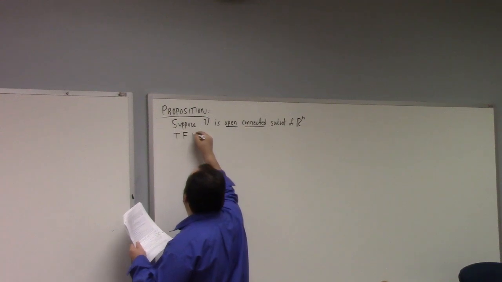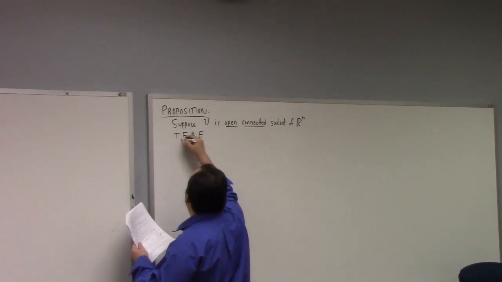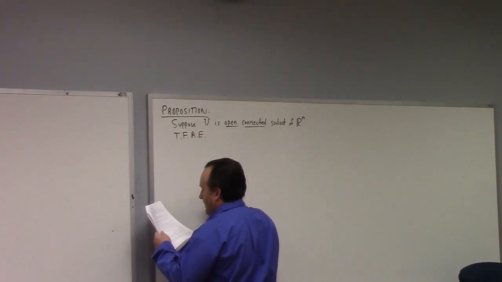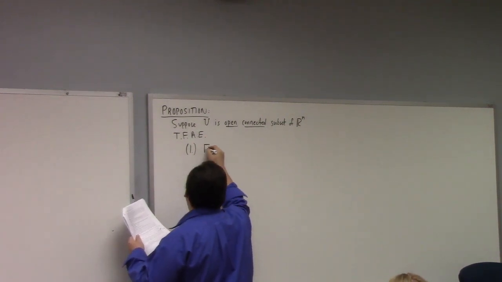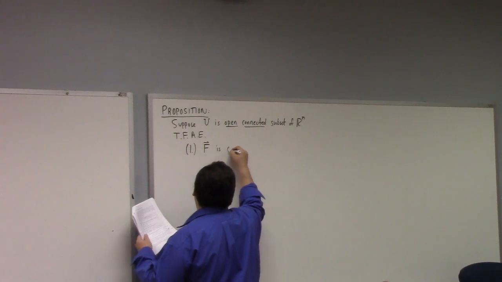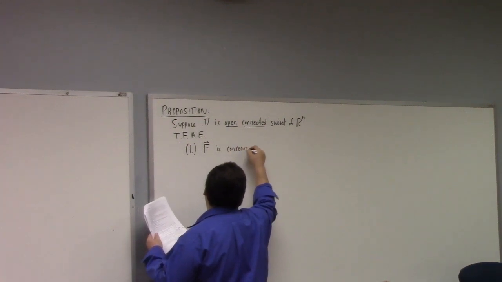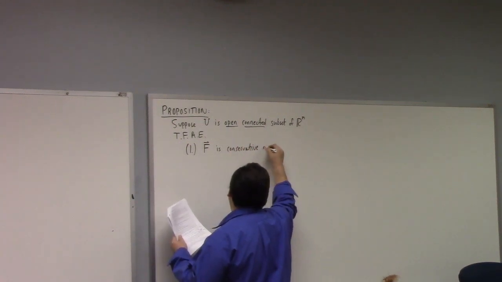The following are equivalent. Number 1, F is conservative on U.